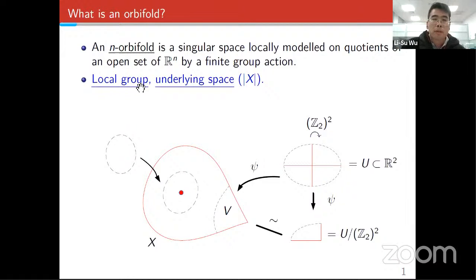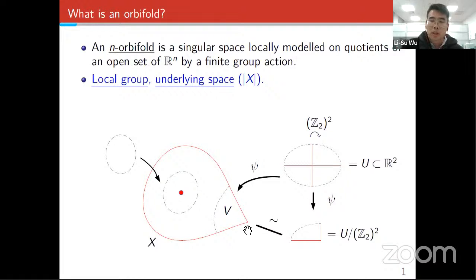There are 2 basic notions: local group and underlying space. First, the local group. Choose a point that has a neighborhood identified with an open set in R^n; if the preimage of this point is the origin, and this finite group fixes the origin, then this group is called the local group at this point.